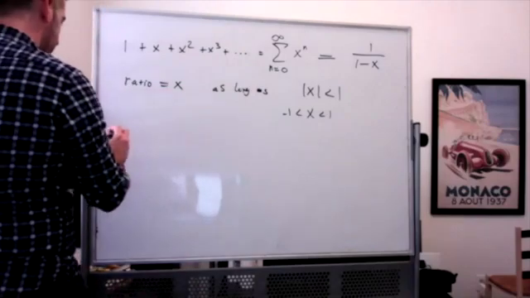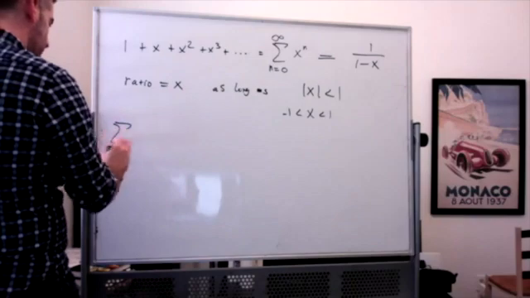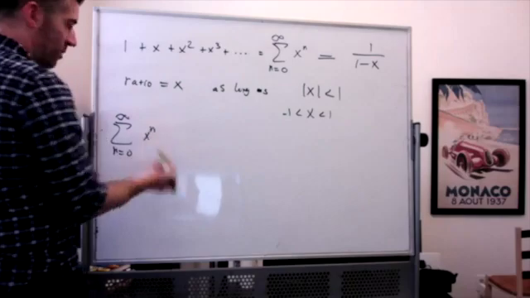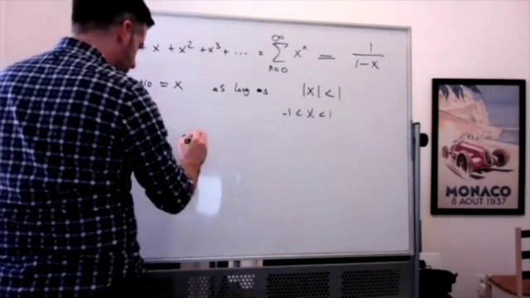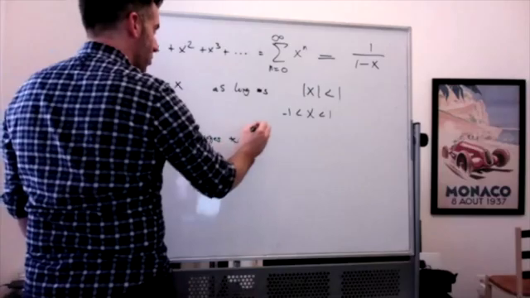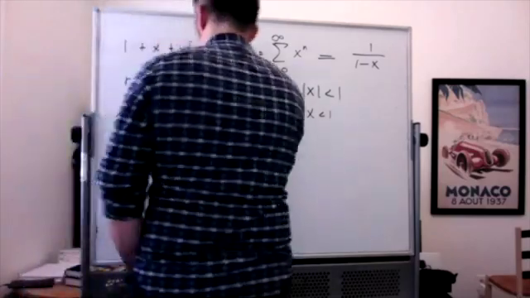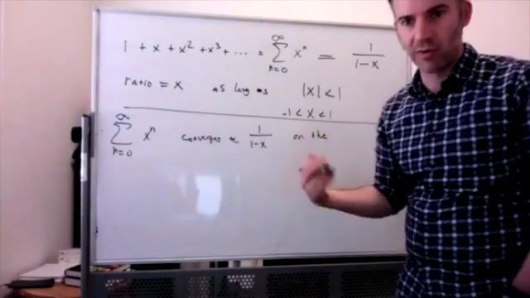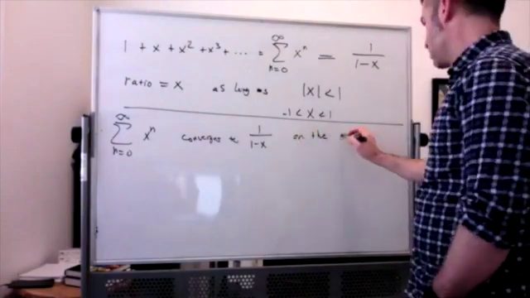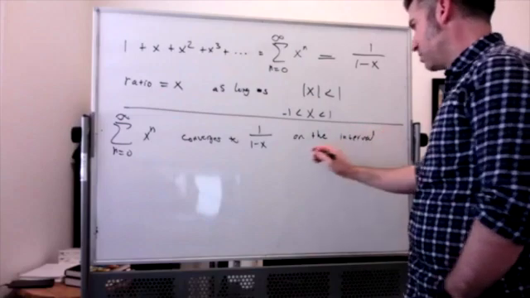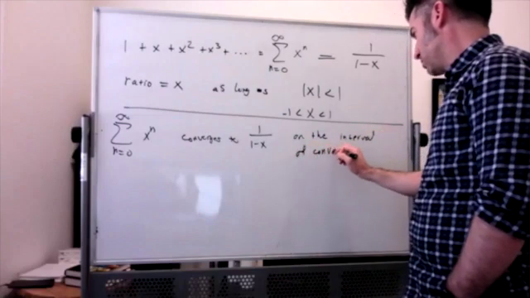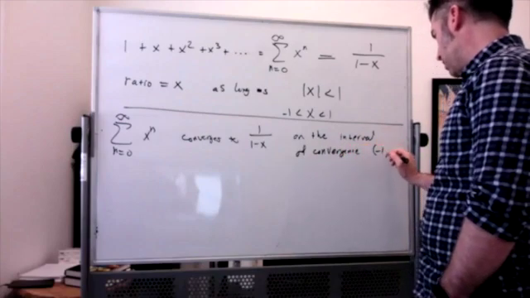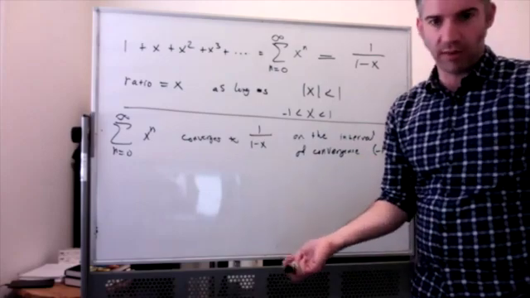Or in other words, this series, the sum from n equals 0 to infinity of x to the n, I'm going to write it in this longer way, converges to 1 over 1 minus x on the interval of convergence, which for this example is -1 to 1, or x between -1 and 1.